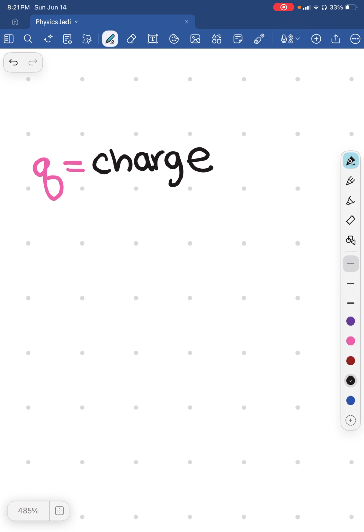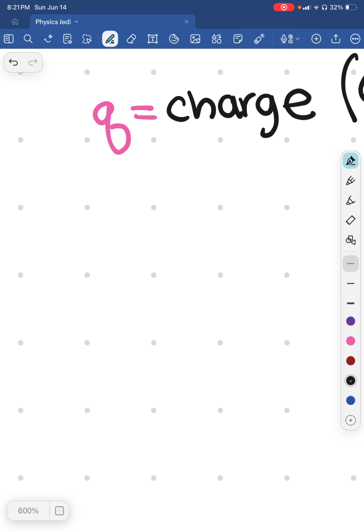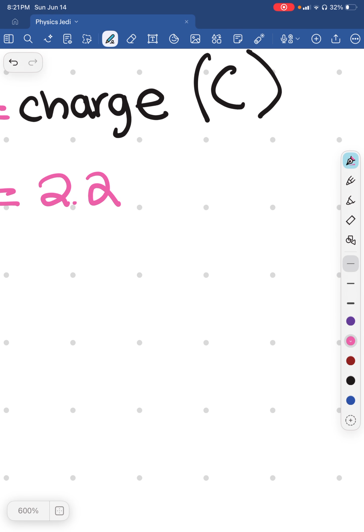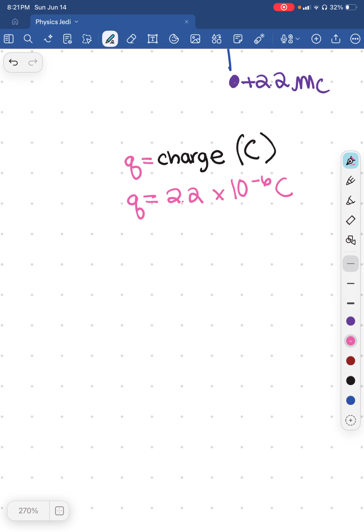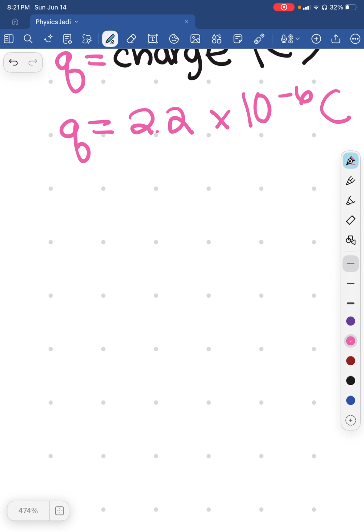The SI unit for charge is a coulomb, which is abbreviated with a C. So, for this problem, we have Q equal to 2.2 times 10 to the negative 6 C.